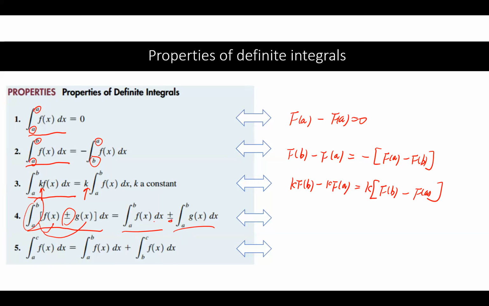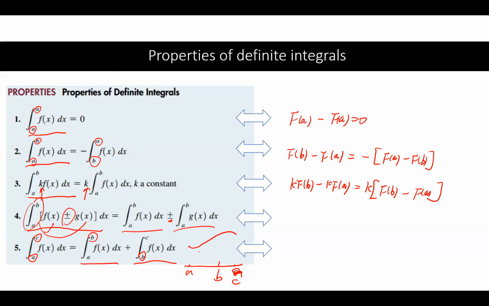The last property is that if we start from a and end at c, we can just add a point b, and we have this kind of expression. So break it down into 2 terms, first term and second term. For example, if this is my area, this is a, this is c, then find any middle point b.